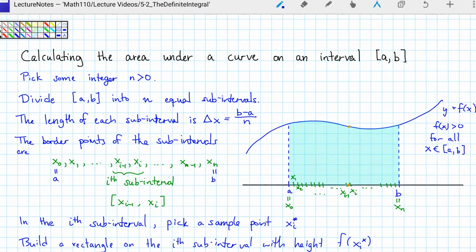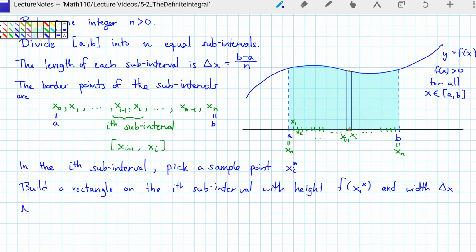So I will build a skinny little rectangle with width delta x and height f of xi star. Okay. Now we have an approximation of the total area, which is the sum of all of those areas of little rectangles.